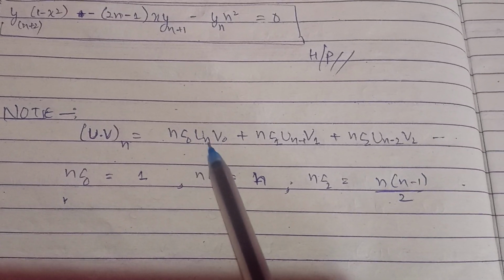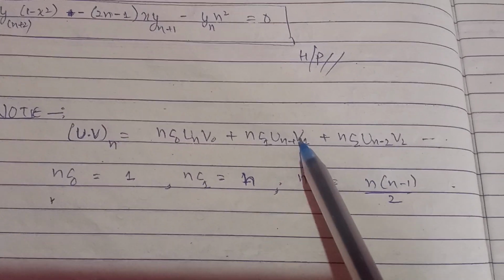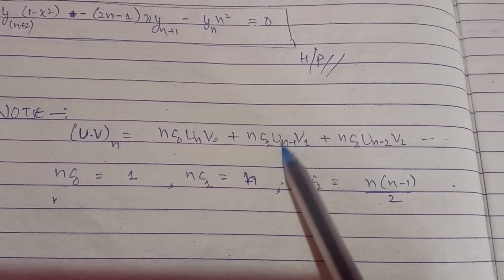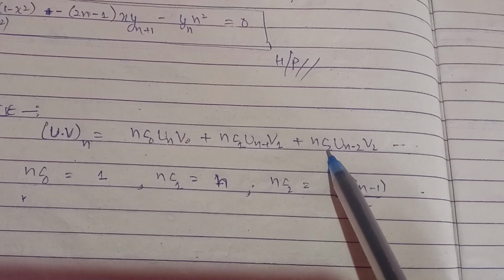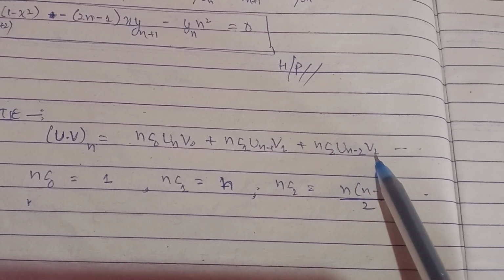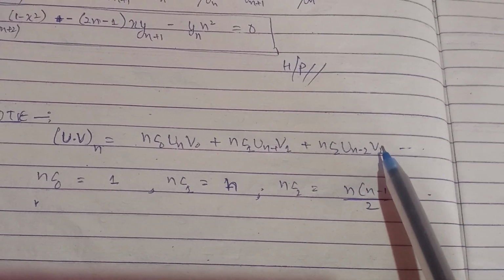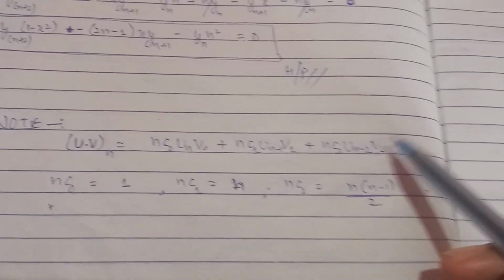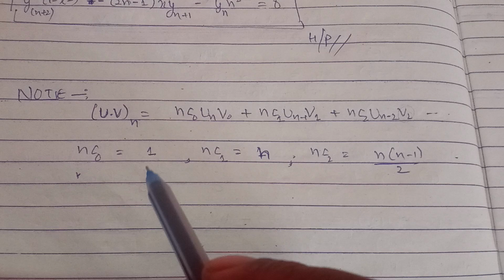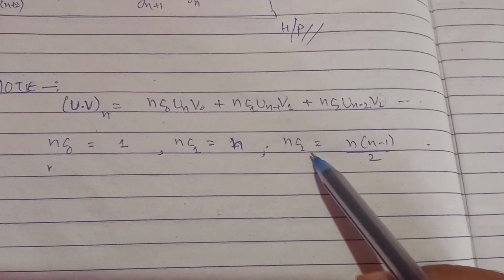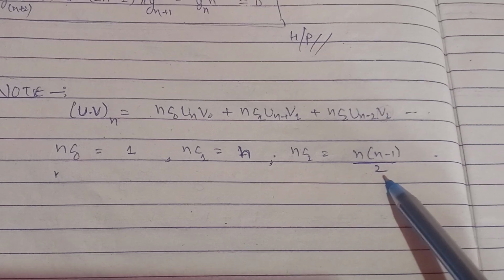Therefore nC0 u(n) v0 plus nC1 u(n minus 1) v1, the sum n minus 1 plus 1 is n, we will get n. Then nC2 u(n minus 2) v2, combining this we get n. We will follow this until we get the v function as a constant. Some basic things are nC0 equals 1, nC1 equals n, and we can write nC2 as n into (n minus 1) by 2.